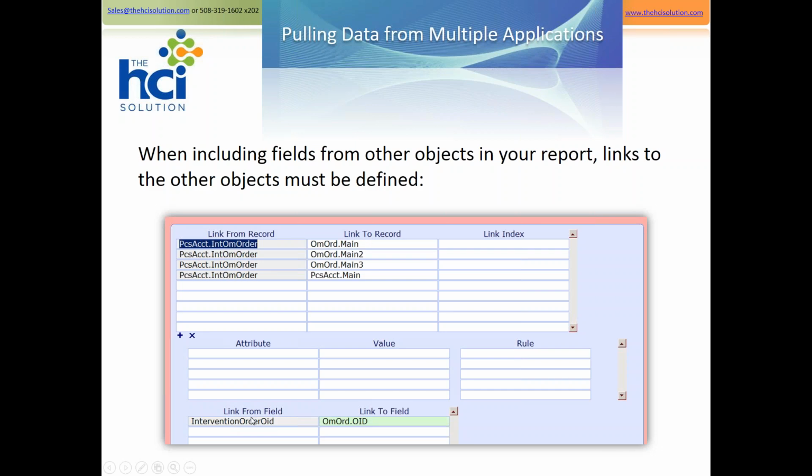So this says the intervention order OID field is the same thing as the OM ORD OID. And that's the main key for that object. But sometimes report designer is not always able to do this for you automatically, and you have to do this manually. But as we start building the report, I'll show that to you.